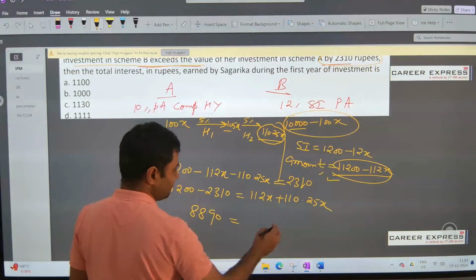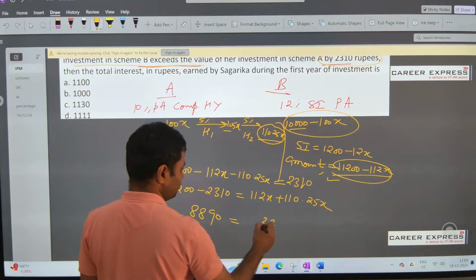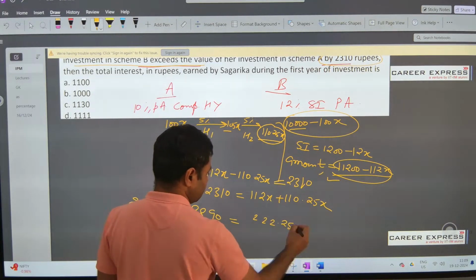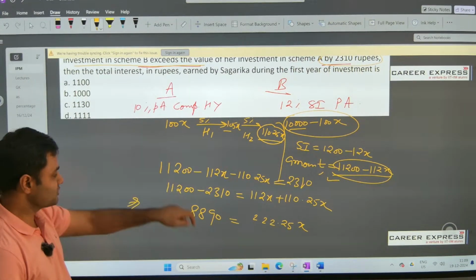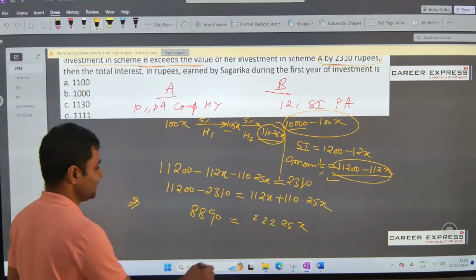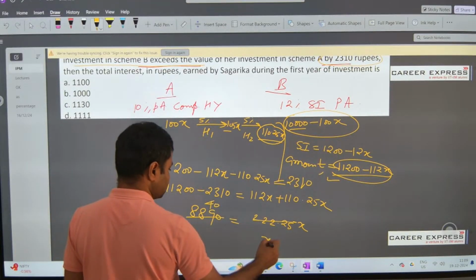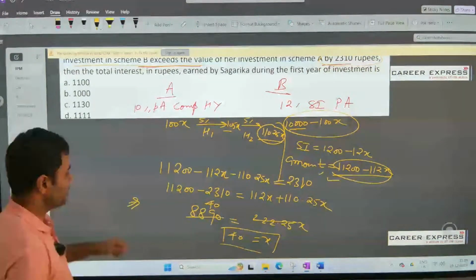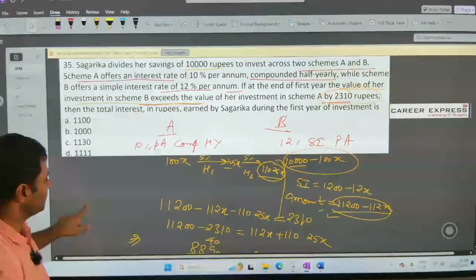On this side it will be 222.25x. So 222 times 40 is 8880, 0.25 times 40 is 10. So we can simply say that this can be cancelled, 40 times. So x is 40, right? So x is 40. If x is 40, then I think we have our answer.